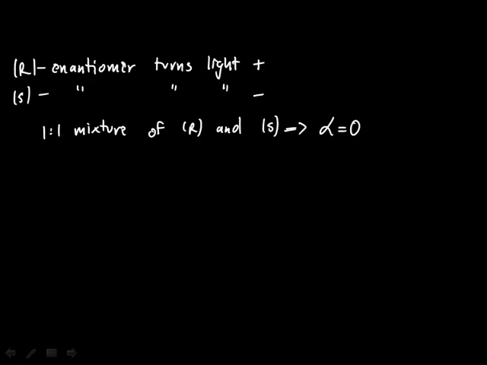And such a mixture is called a racemic mixture, or a racemate, and it's sometimes also known as the plus-minus pair.